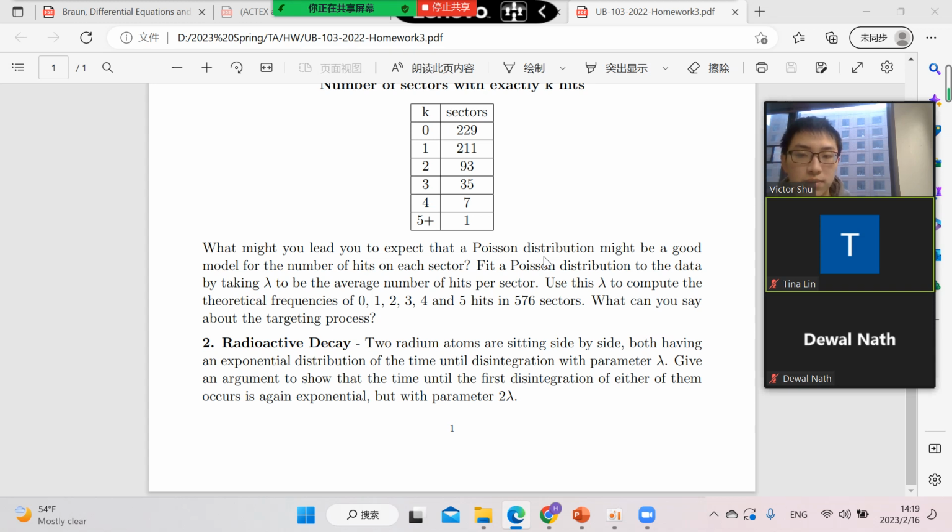And in this case, from some physical intuition, or you just assume those two atoms are independent, then the probability of both of them disintegrating is just the probability of the first one disintegrating times the probability of the second one disintegrating.